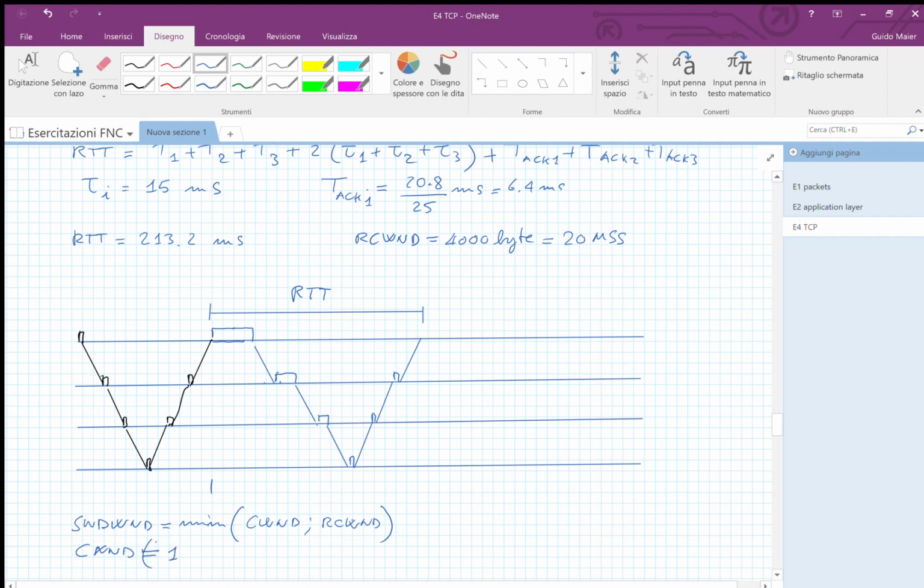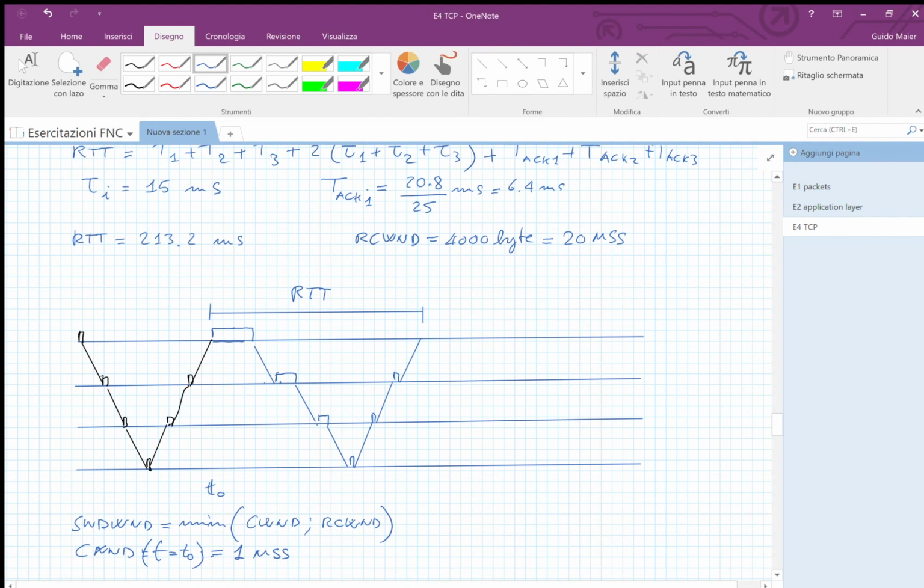So the congestion window at time t equal to 0, let's say, which is time t0, is equal to 1 MSS.